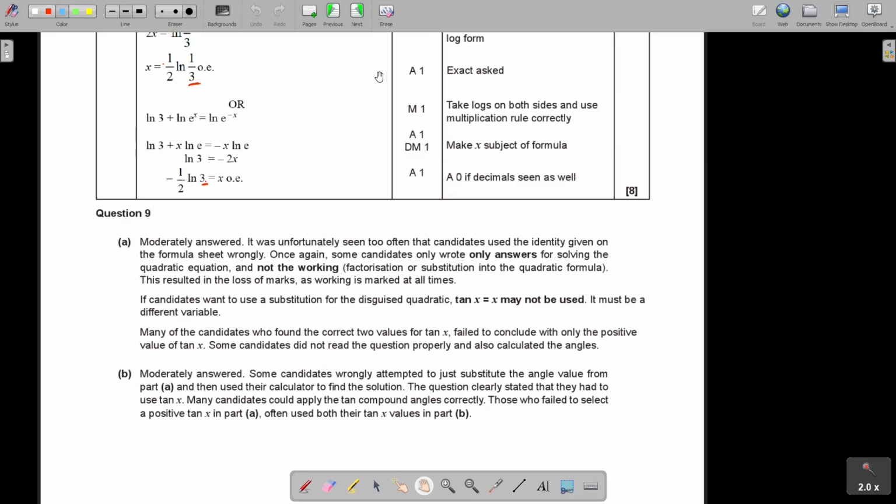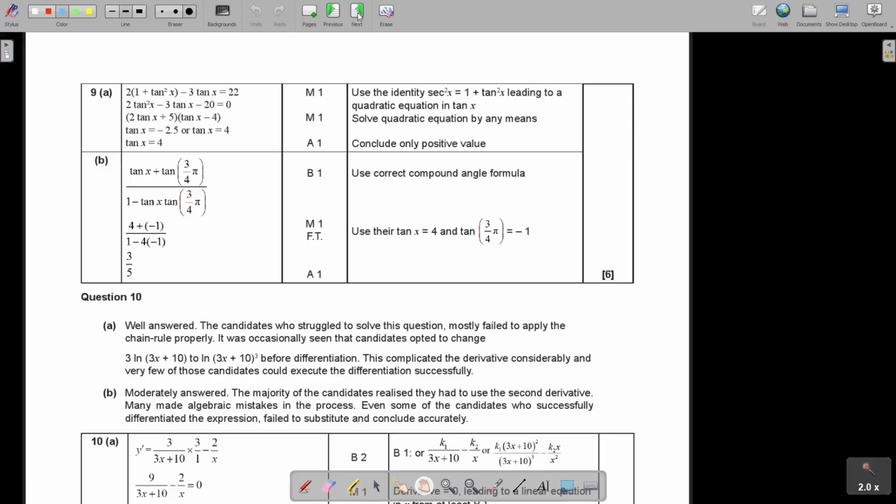The question clearly stated that they had to use tan x. Many candidates could apply the tan compound angles correctly. Those who failed to select a positive tan x in part A often use both their tan x values in part B. Okay, so let's see where they gave you the marks.